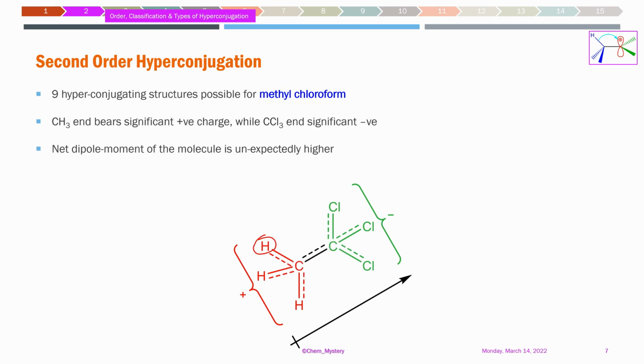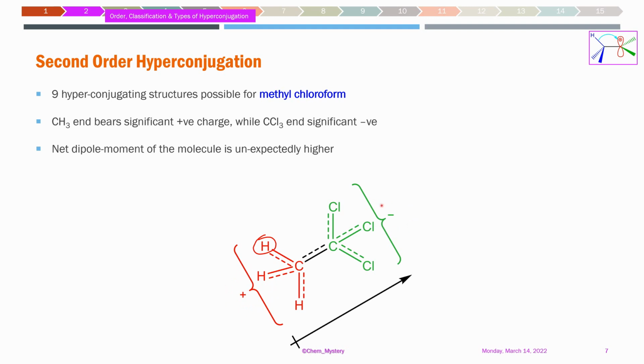There will be a net dipole moment present along this direction, and this molecule will have an unexpectedly higher value of the dipole moment than what we can think of by the addition of the vectors using the carbon hydrogen bond and carbon chlorine bond.